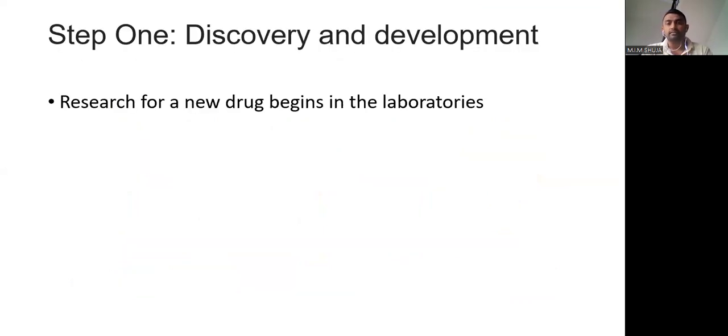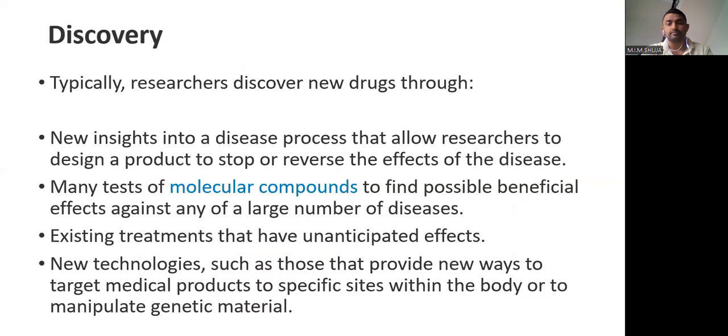Step 1, discovery and development. Research for a new drug begins in the laboratory. Typically, researchers do many tests and find a molecular component or compound that is suitable to become a drug or that will make possible beneficial effects against a large number of diseases.